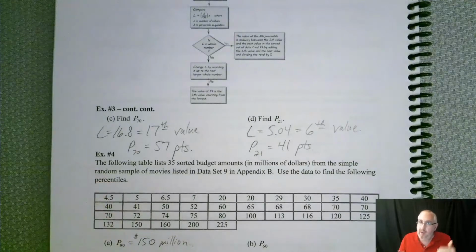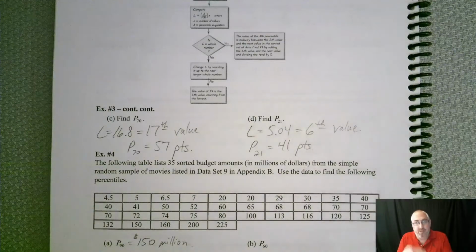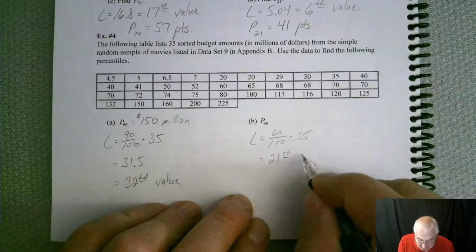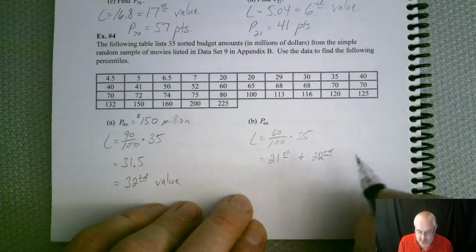So it's kind of like the median when there's an even case. So that's the way to think of it. So you're looking at that value and the next one and averaging them. So in this case, we want the 21st and the 22nd values.